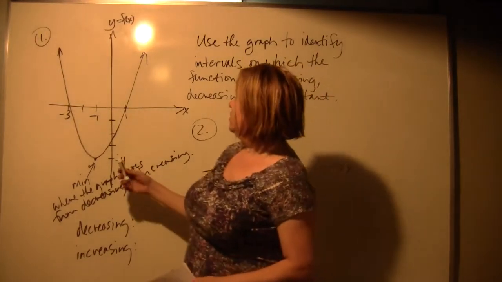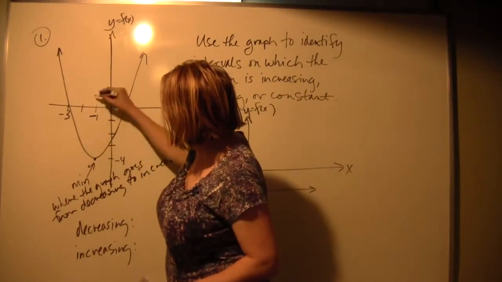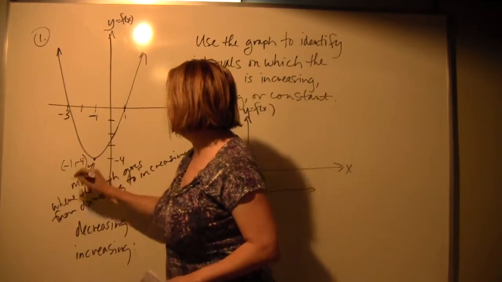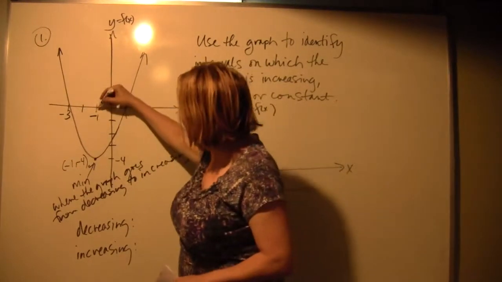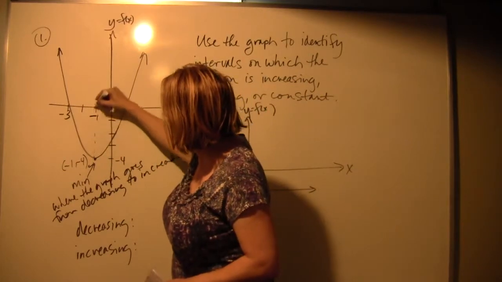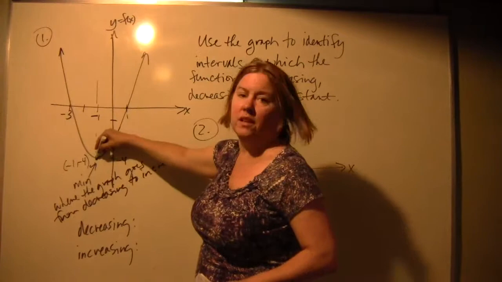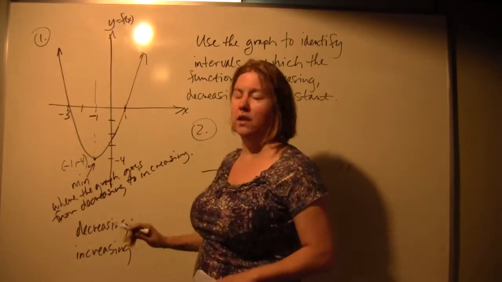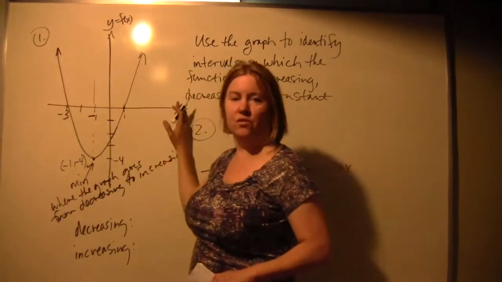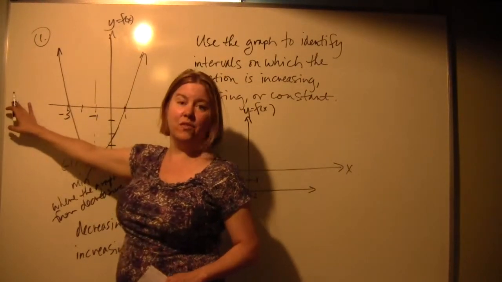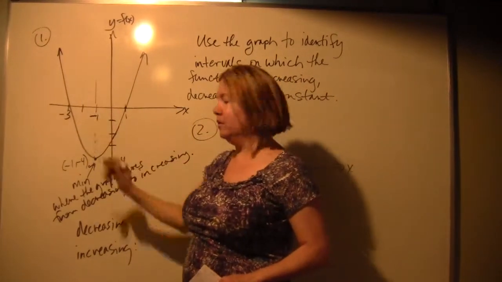Okay, so this vertex is (-1, -4). At this -1 right here, this is where the graph goes from decreasing to increasing. So as far as the x interval goes, this graph keeps going on. So we're talking -infinity up to -1.